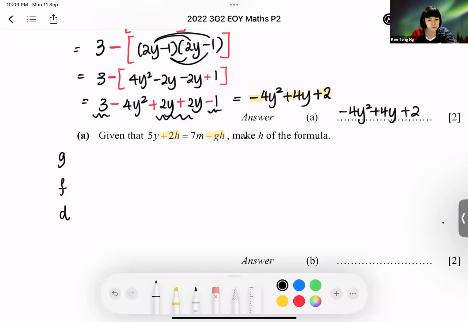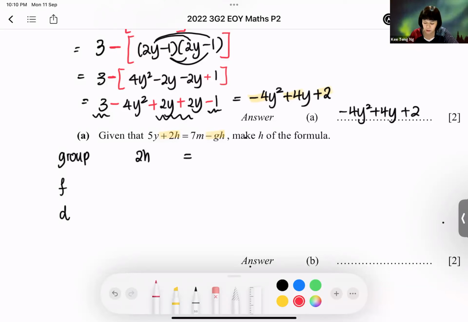So what is the first one? First one, G stands for group together. So you should group all these numbers together. So I'll keep my 2H as the positive. Okay, I'm going to keep 2H on my left-hand side over here. And the equal sign stays in the middle.